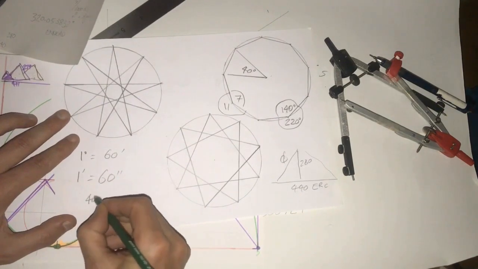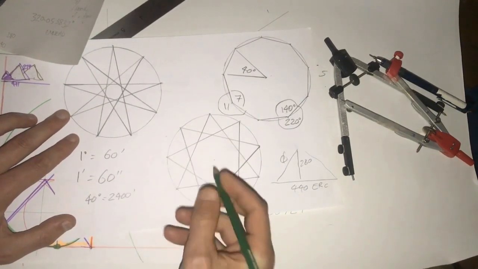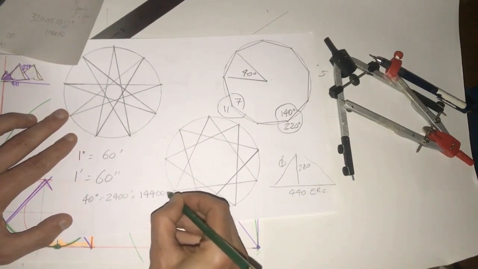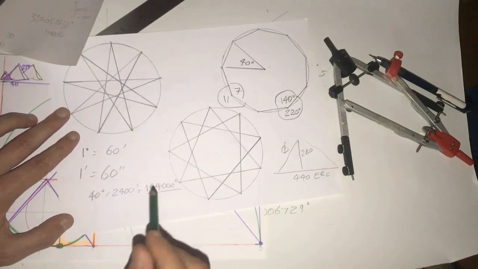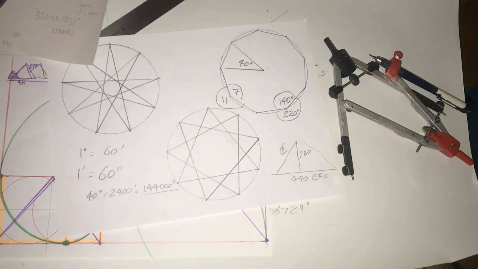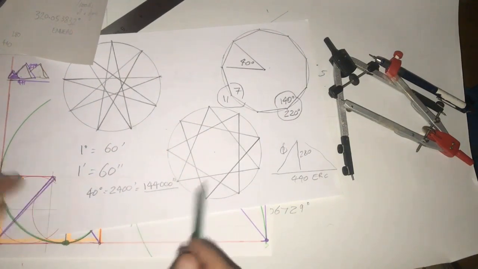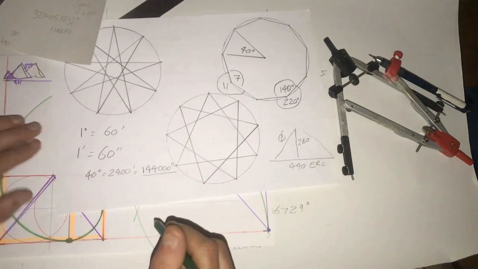So 40 degrees is equal to 2,400 minutes on the compass, or 144,000 seconds. So that's one of these key ancient numbers, east to west, modern and old, 144, especially 144,000. I'll put some cards up about that.